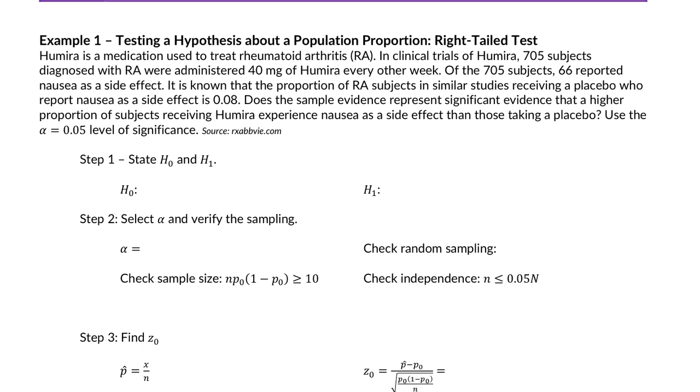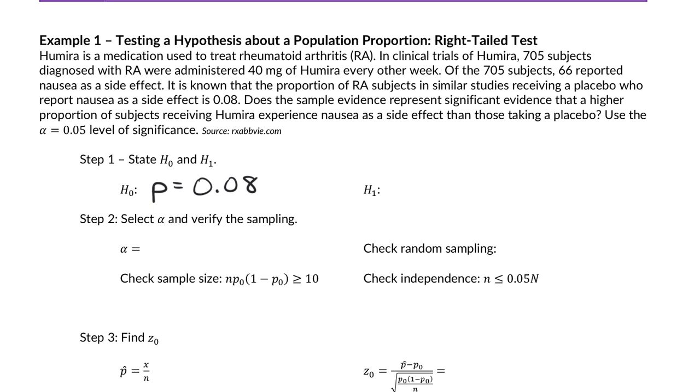So we start at the beginning. We have to first state our null hypothesis and our alternative hypothesis. Remember, in math sentences, so not actual words, the H naught is always an equal sign. So for us, we're saying that the equal sign here, the population typically has 0.08 of the population reporting that they get nausea.